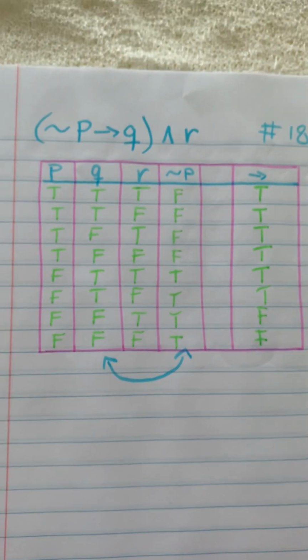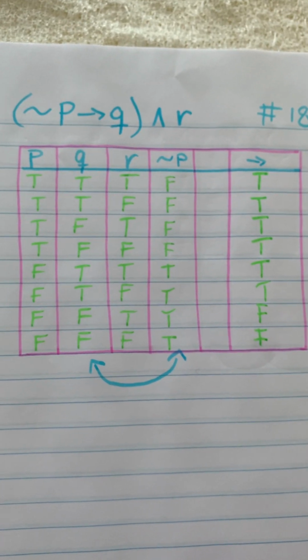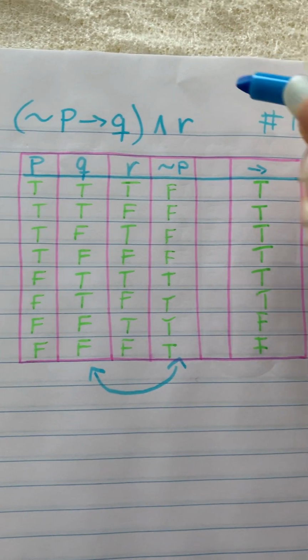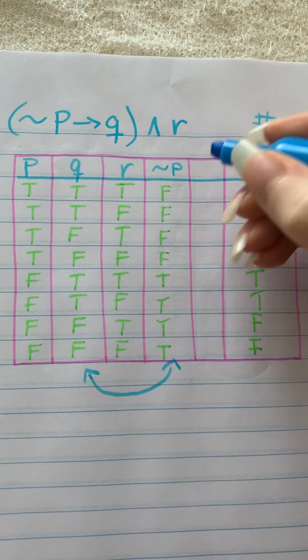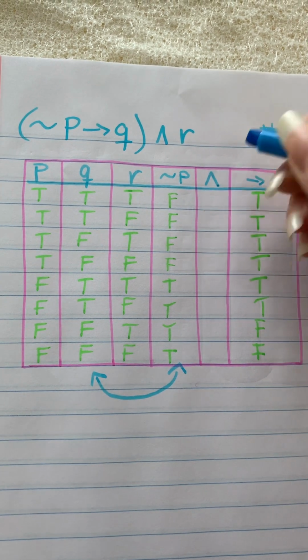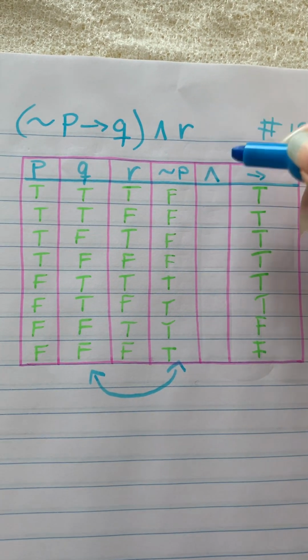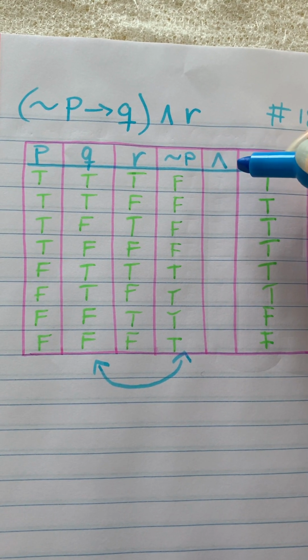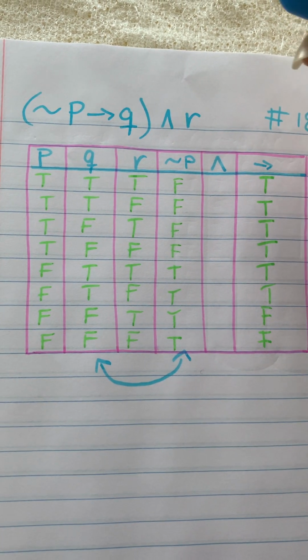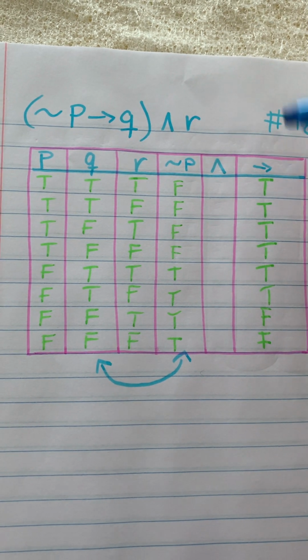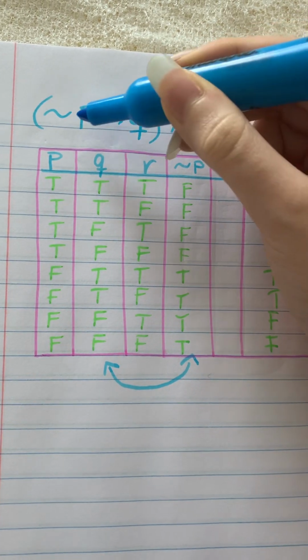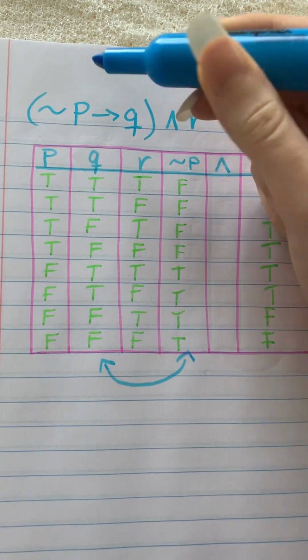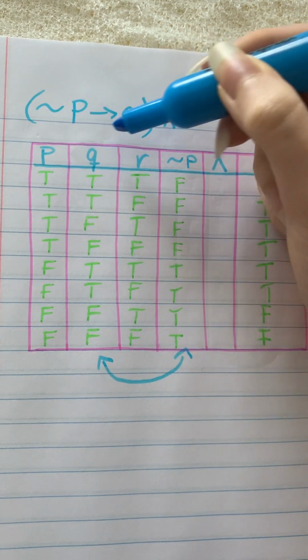Now, to find our final answer, I like to write down the final symbol right here, which is the AND symbol. With the AND symbol, we can find the final answer. And to do that, we look at what we just completed here, which is this part right here. This part right here is the actual problem inside the parentheses.